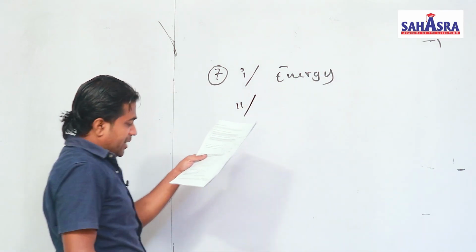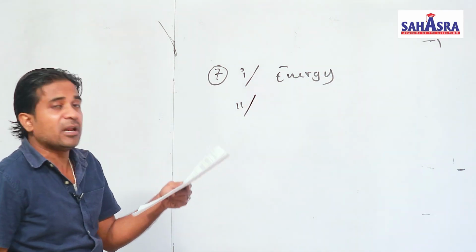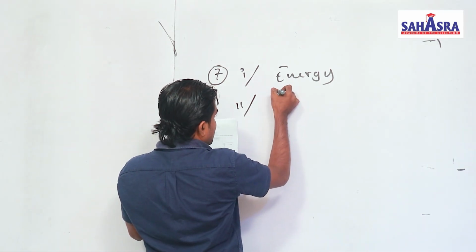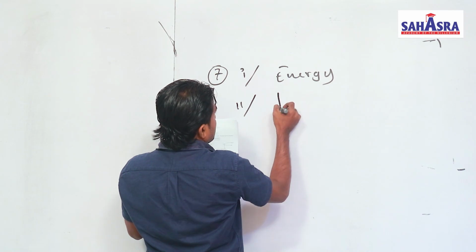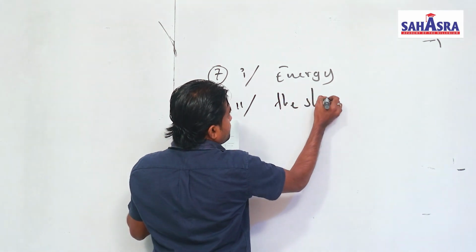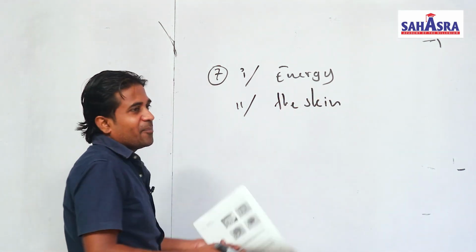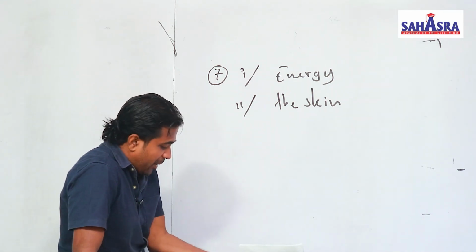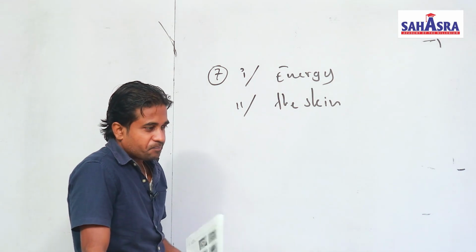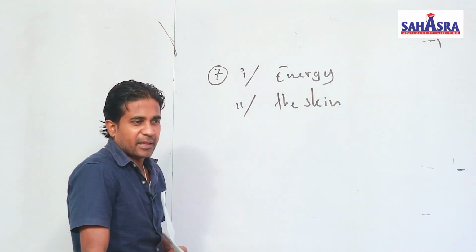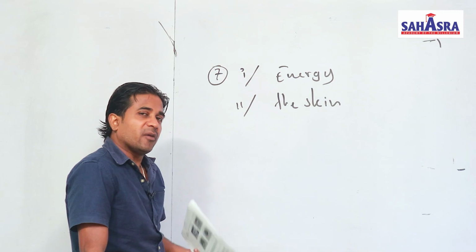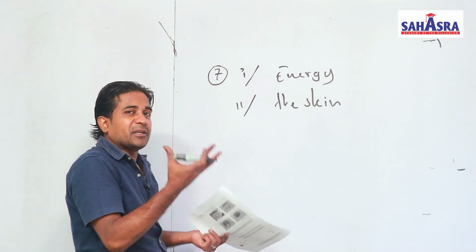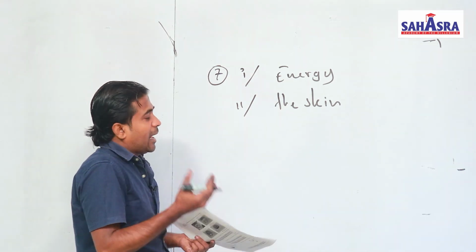Second one, vitamins and minerals help the body to light the what? Light the skin. Skin lighting up means the skin starts to glow, with no dark spots or such conditions, and we say the skin is very light and bright.